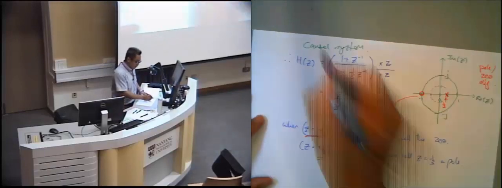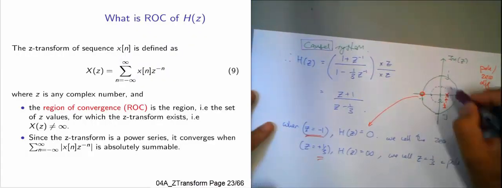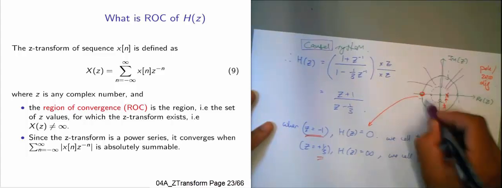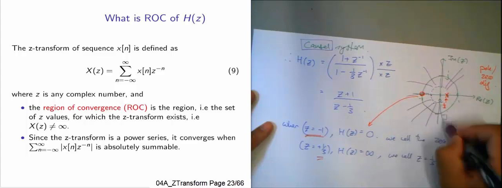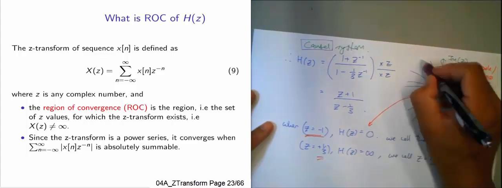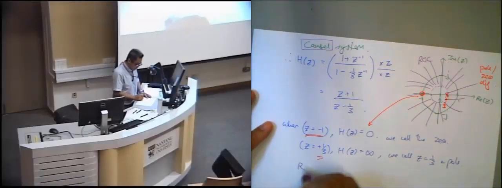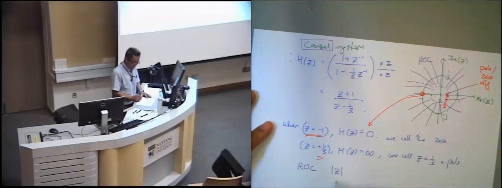And because I told you it's a causal system, where is the ROC, guys? Outside the small circle I have just drawn. So this hairy region is the ROC. I can also say the ROC is the absolute value of z greater than 1/3.